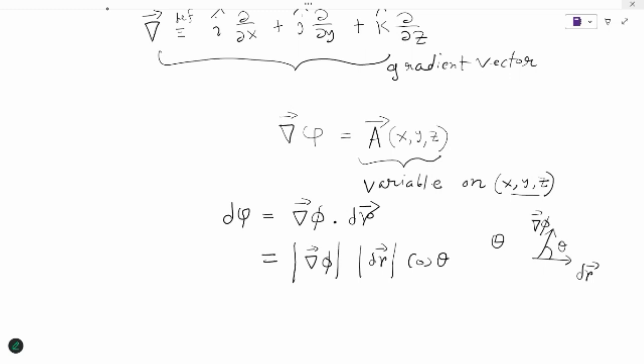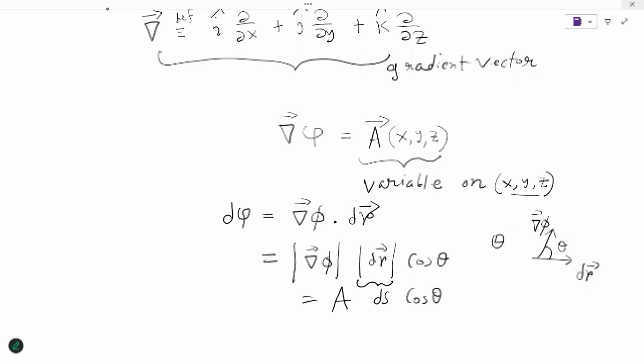Whenever we write dr as ds, an infinitesimally small change of position, if I take the modulus here, this becomes ds, and we write grad phi as a, just a vector, and cos theta as cos theta.